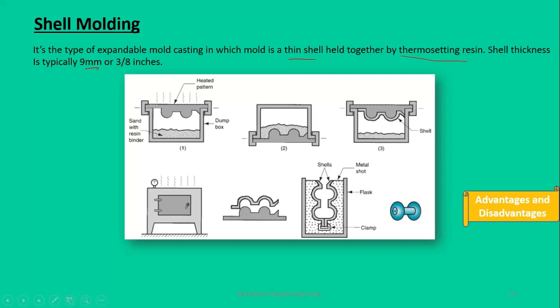So how do we do that? In the first step, we make a match plate pattern. You know what the match plate pattern was? If you remember our previous lecture, the match plate pattern was a plate to which both cope and drag were attached.